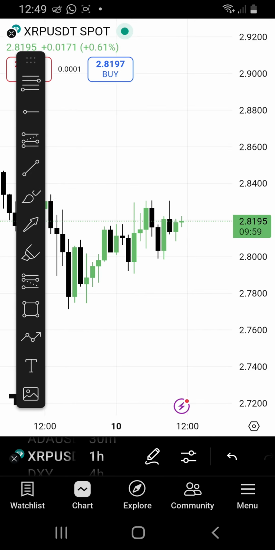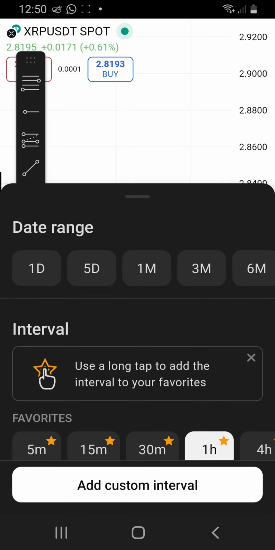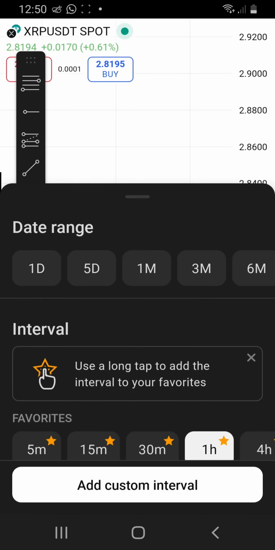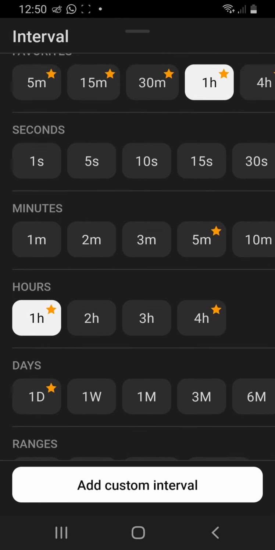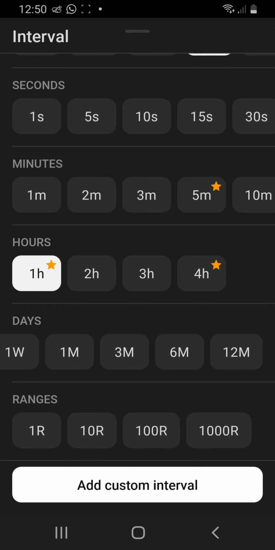I want you to know, on my chart you see something here where you come search your SRP. You see SRP and under it what we call 1h, right? It means 1 hour. So you will see time frames here, guys. You see different time frames. You see daily, 1 week, 1 month, 3 months, 6 months, 12 months.